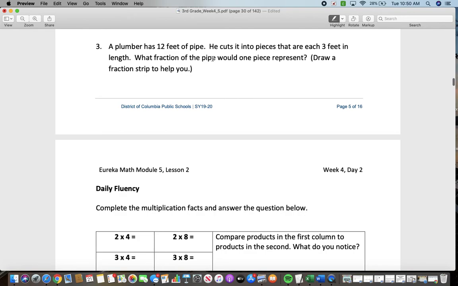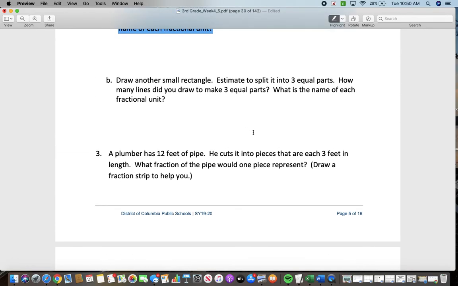Okay, number 3 then asks you, a plumber has 12 feet of pipe. He cuts it into pieces that are each 3 feet in length. What fraction of the pipe would 1 piece represent? And draw a fraction strip to help you. So you're going to know that the total length of this pipe is 12 feet.